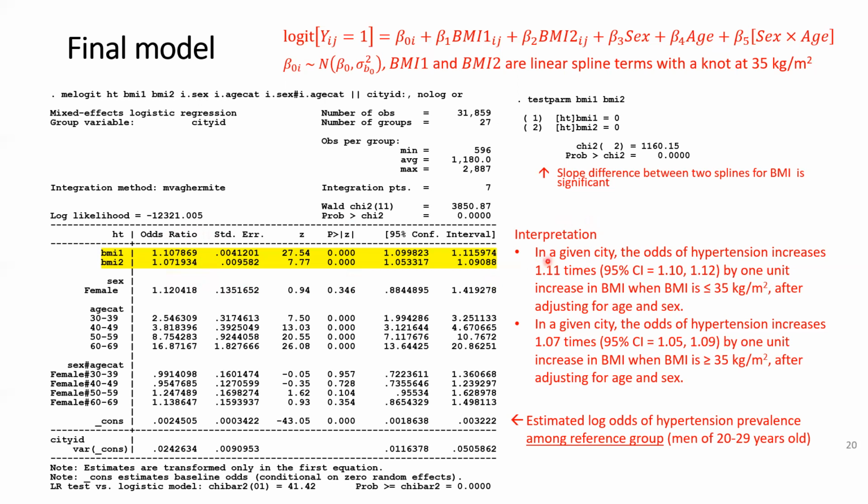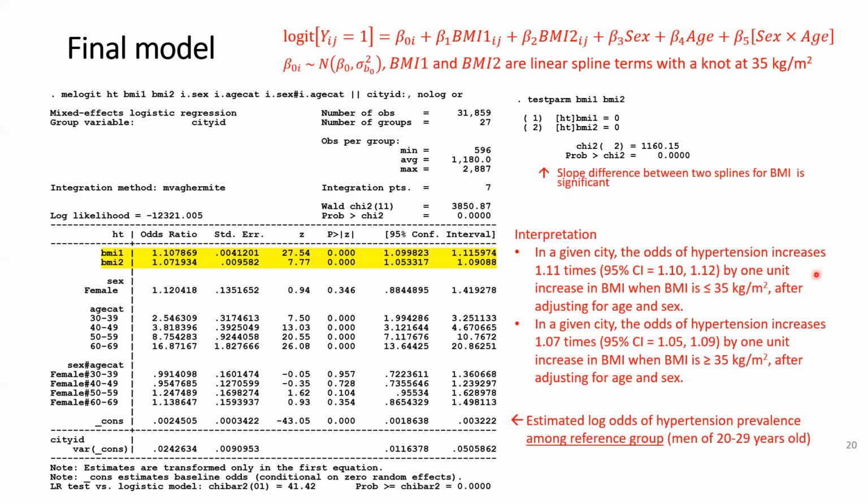So in a given city, the odds of hypertension increase 1.11 times by 1 unit increase in BMI when BMI is less than or equal to 35, after adjusting for age and sex. So this is a complete sentence if you want to interpret the odds ratio in the exam room.